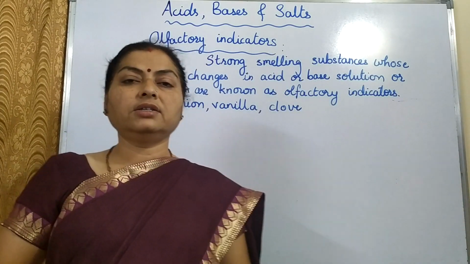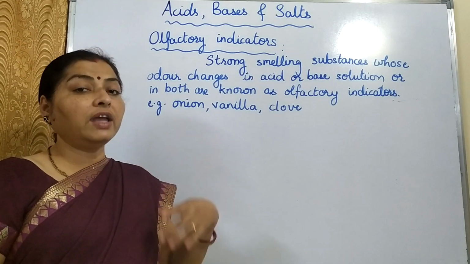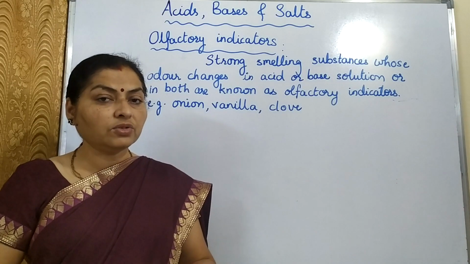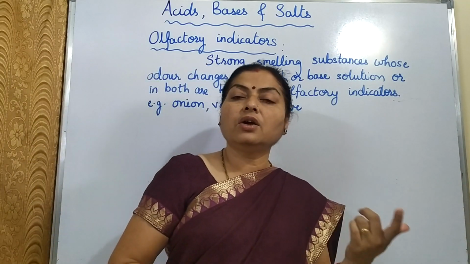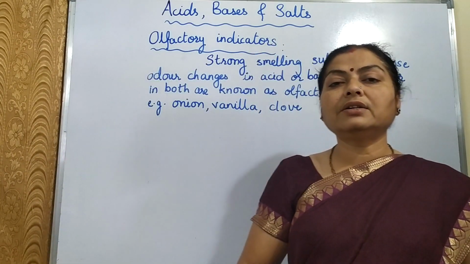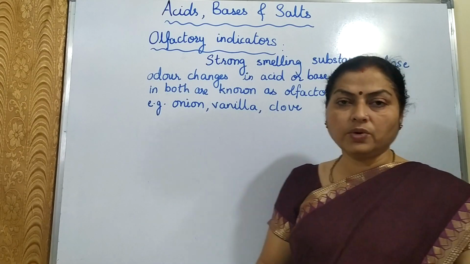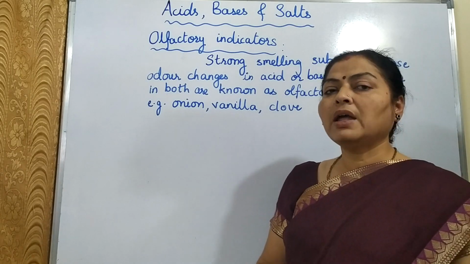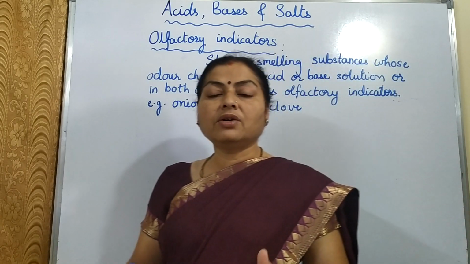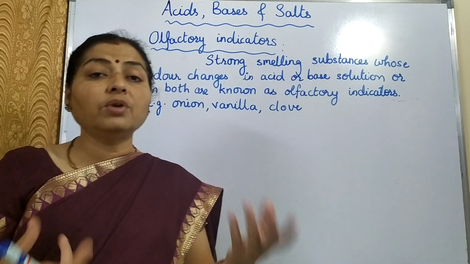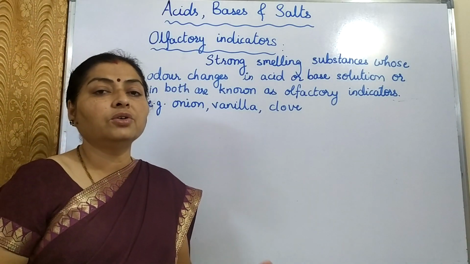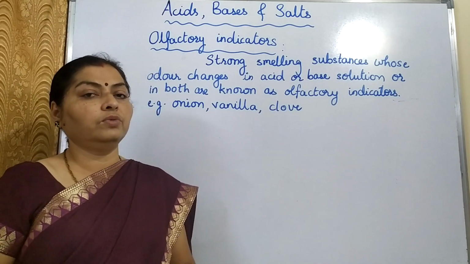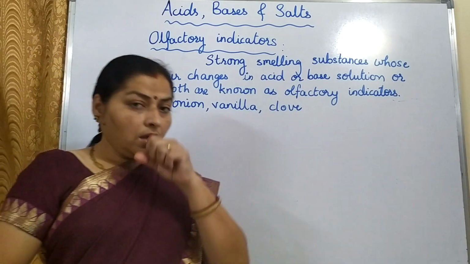You will enjoy doing it, and find out whether the odor changes with lemon juice, that is with acid, vinegar, or whether it changes with a base, that is detergent, or baking soda. You can use either. These are substances which you will get in every house. I am not showing you this activity because it is a matter of the change in the odor. I will not be able to show you how the odor will change, so you have to do it on your own. So this is your homework for today.